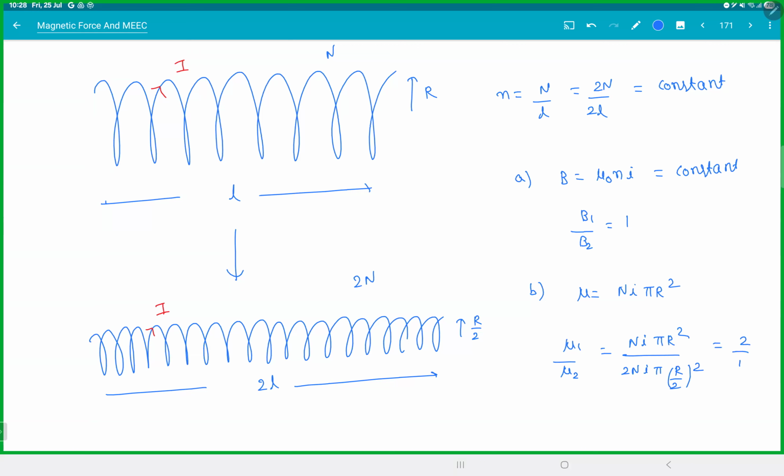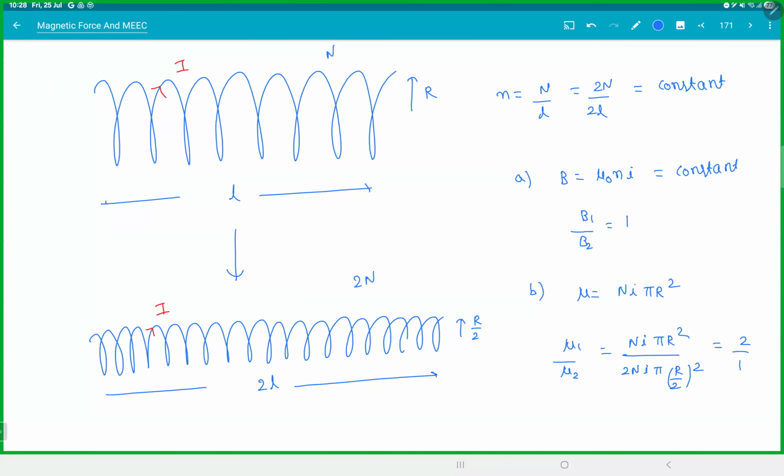This will be 2:1. Clear with this? Got it? There. So that is one way of asking.